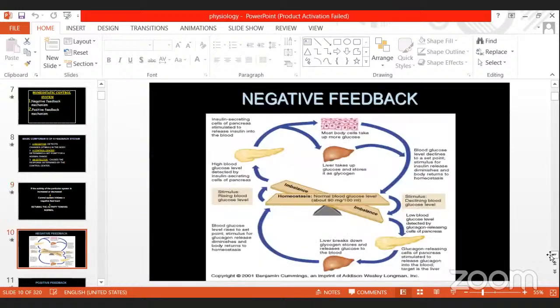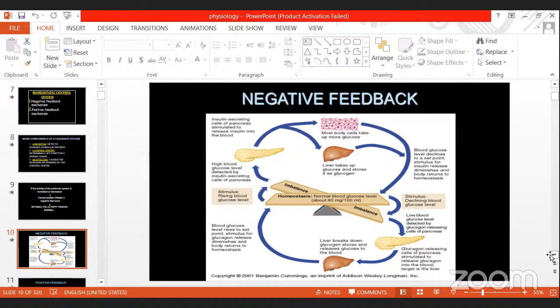For negative feedback mechanisms, there are so many examples. Most of our body functions are under negative feedback mechanism, especially hormonal control. Almost all the endocrine system are under negative feedback mechanism. For example, the insulin or the blood glucose level.